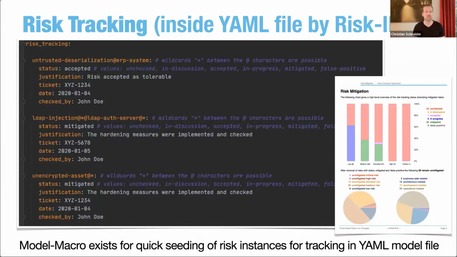I would not recommend that, better being on the one-on-one level here. But if you want to group certain risks and give them all the same state at once, you can do this as well. And you can reference some external things like a justification text, a ticket ID, a link, whatever you want to put into the report. And a status, that's important, of either being unchecked, in discussion, accepted, in progress, mitigated, or false positive.